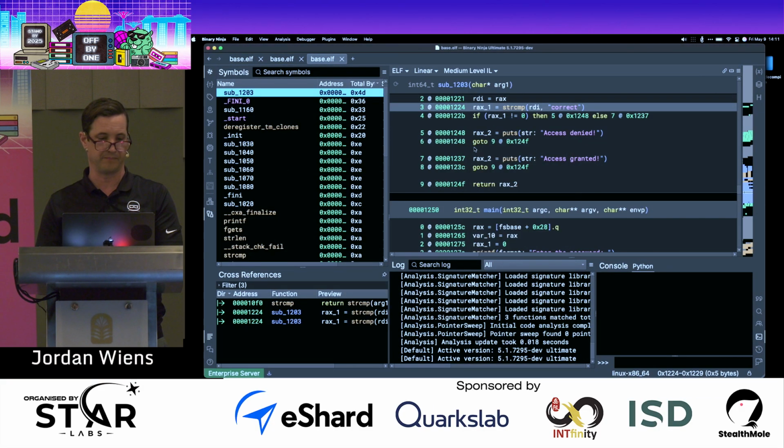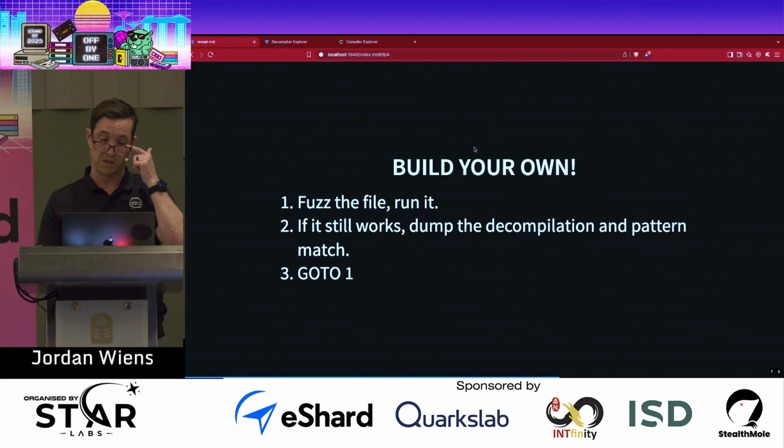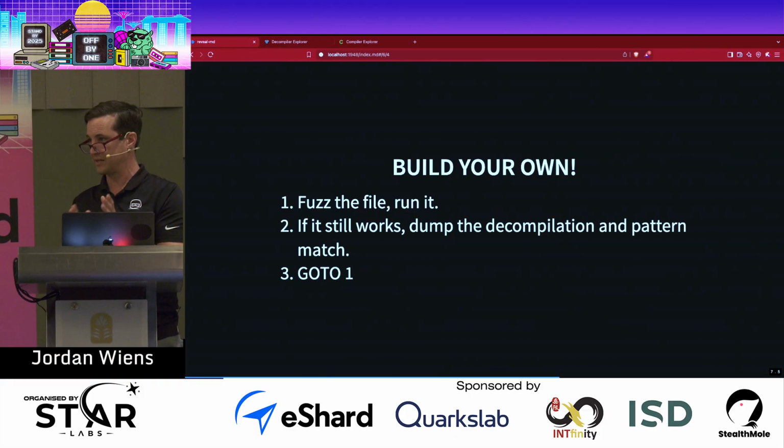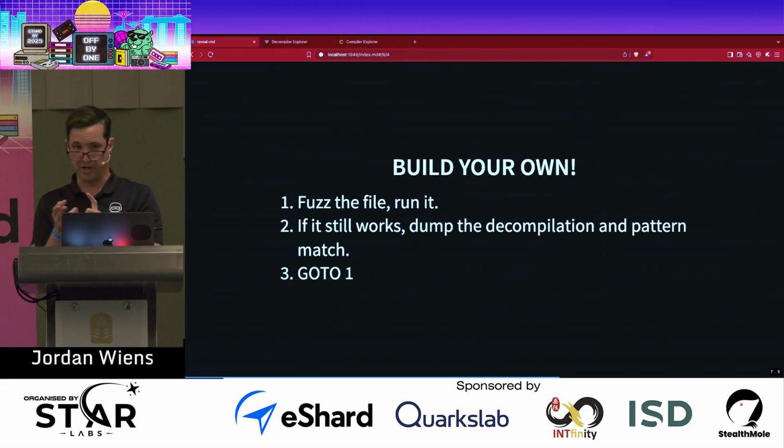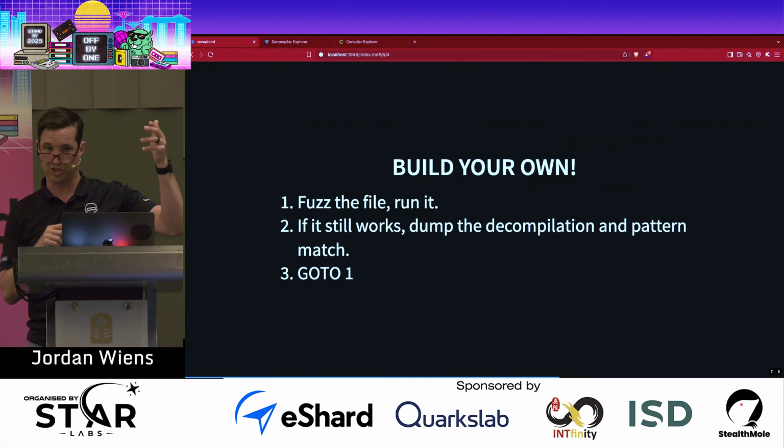I'm not sure which one I did with that. All right. This is actually probably the easiest section to build your own, too, right? This is one that I want to point out. This is probably the best way if you want to break a decompiler so it can't open your file, and to be annoying: you can fuzz the file format, open it up, get the expected output, and if it still functions, meaning the loader on the operating system is fine with it, now open it in your tool and try to dump out the disassembly and the decompilation, and analyze it.